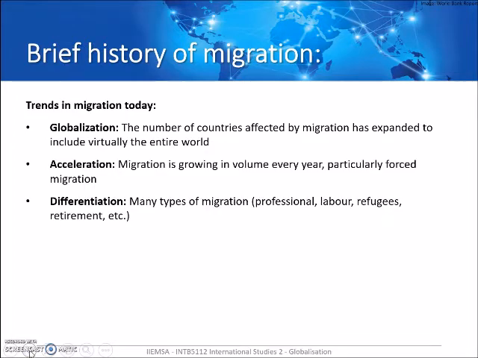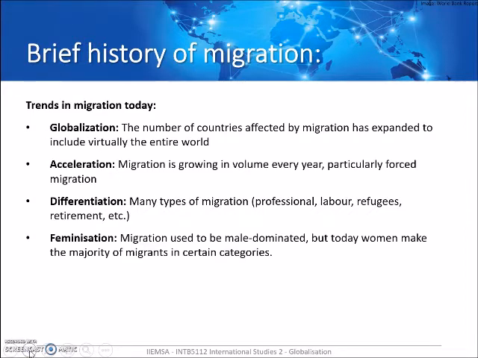We are also seeing a differentiation, which is quite interesting. So we're seeing that there are many different types of migration, and we're going to look at this in just a moment. So it's not just refugees, it's also people who migrate for labor, for professional opportunities, some people for retirement, to reunite with their families. So there are many different types of migration.